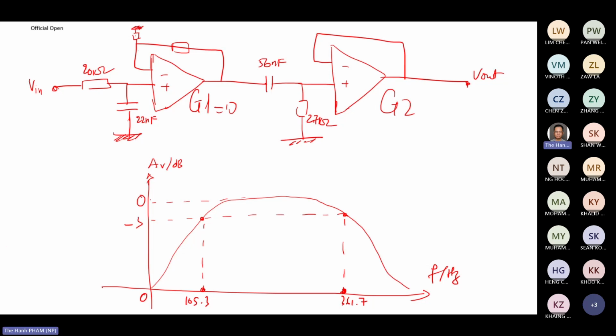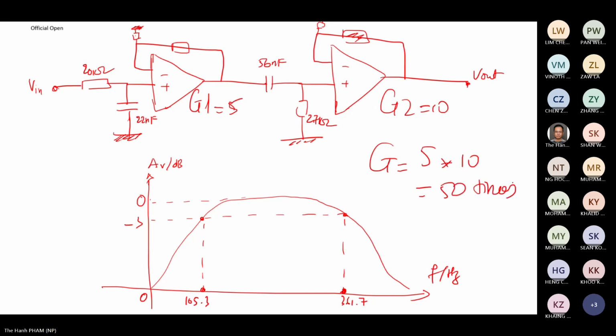So you have a resistor here, and a resistor here. And suppose this gain is 5 times, and suppose this gain is 10 times. What is the total gain? 50. Yeah, so it should be 50 times. Okay, so take note of that.